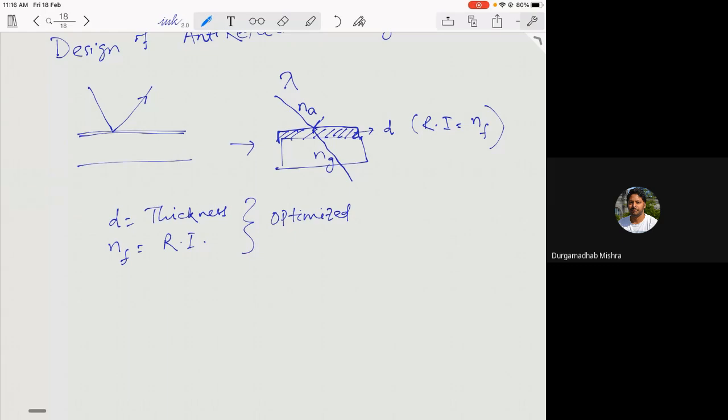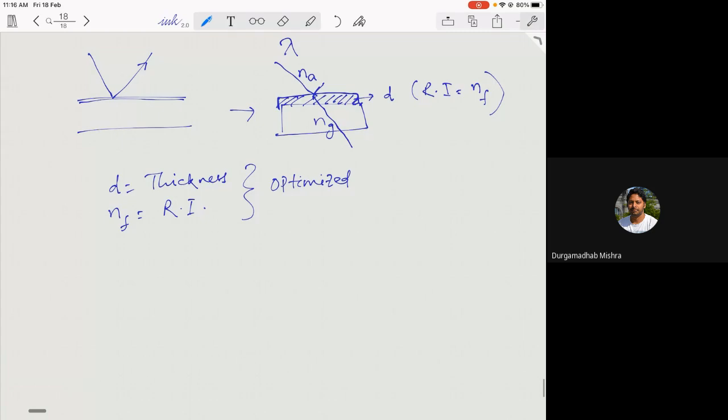So let's assume, I think you are already aware of this, if I have a surface, let's say like this. What I'm saying, one can also derive from Maxwell's equations. So we have N1 and N2, two different media.